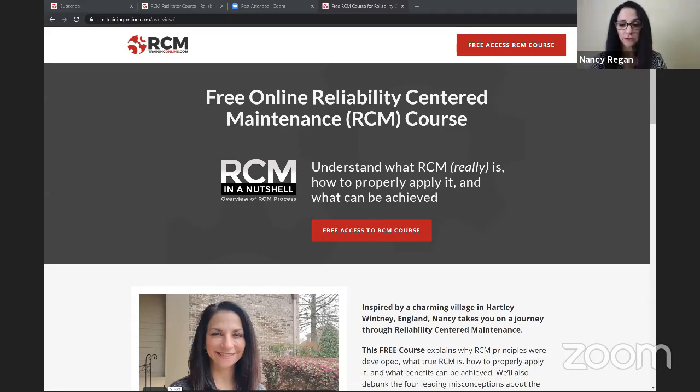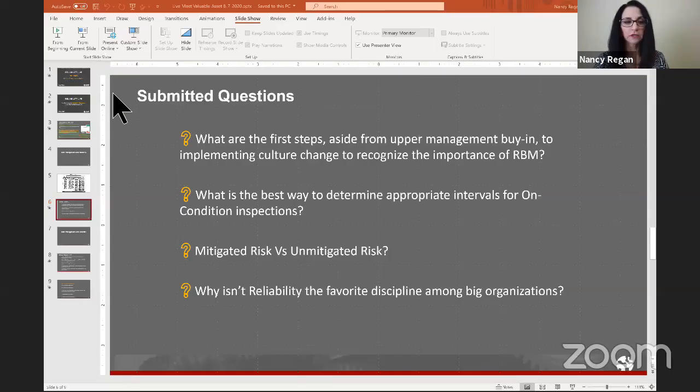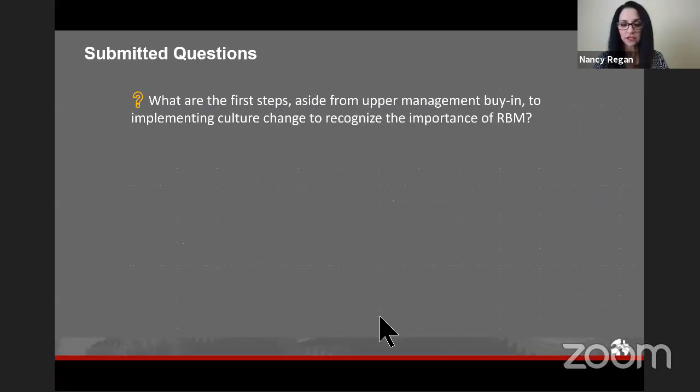Okay, you can't see. All right, hold on. I'm going to stop sharing again. All right, tell me if you can see these questions. I'm gonna do it again. I don't know why it seems like Zoom has all these windows open. Okay, tell me now if you can see the submitted question slide. Now I have to find the chat.